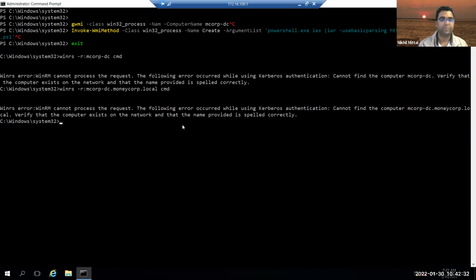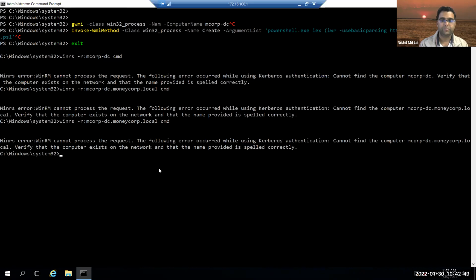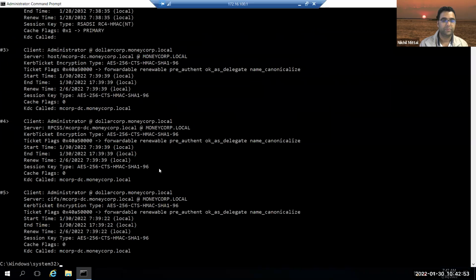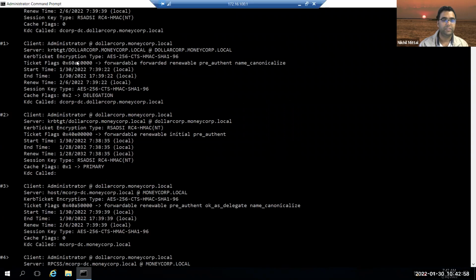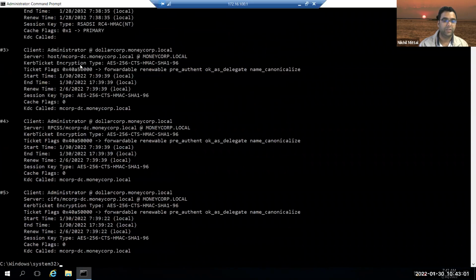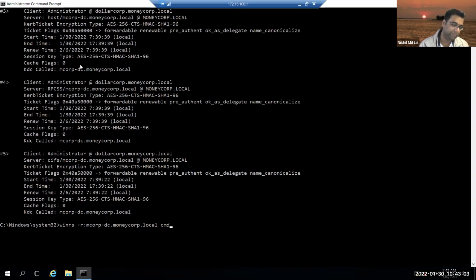Is there a typo here that I'm missing? So let me copy that. But I mean, that would not work nonetheless. So we have TGS for all the services that we were using. I mean, you can use WinRS or Enter-PSSession, but not against Server 2016 in this specific case.